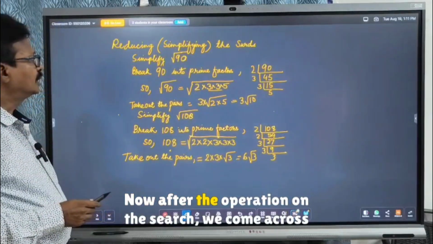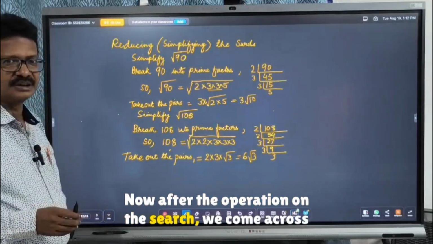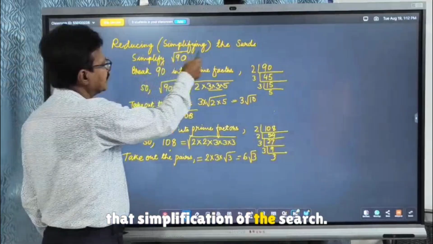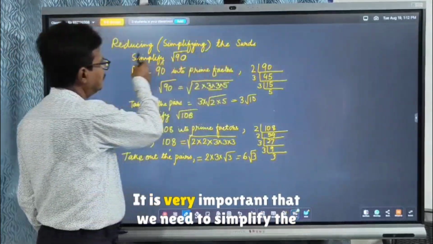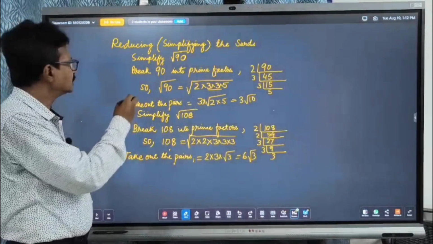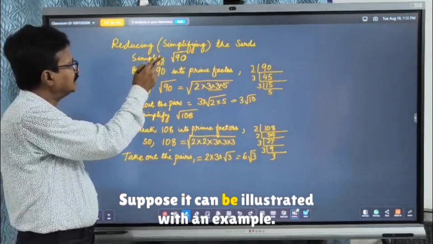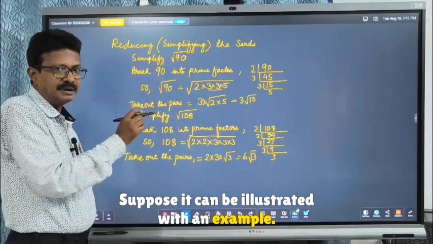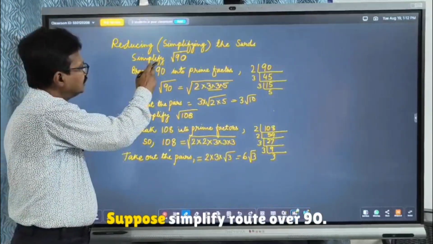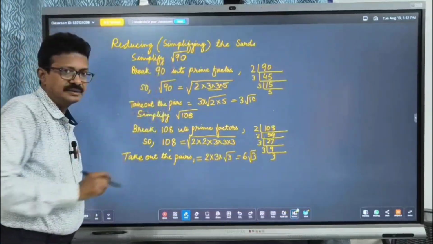Now, after the operations on surds, we come across the simplification of surds. It is very important that we simplify the surds. It can be illustrated with an example, which will make it easier for you to understand. Suppose we simplify root over 90.